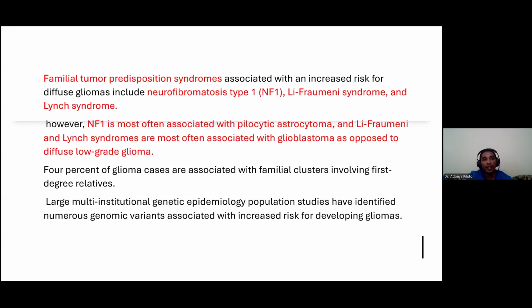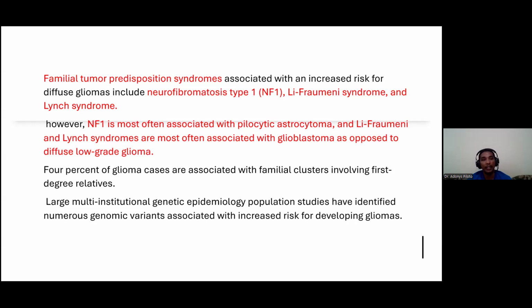There are familial tumor predisposition syndromes associated with an increasing risk for diffuse glioma, including neurofibromatosis type 1, Li-Fraumeni syndrome and Lynch syndrome, which were discussed in the previous conference.